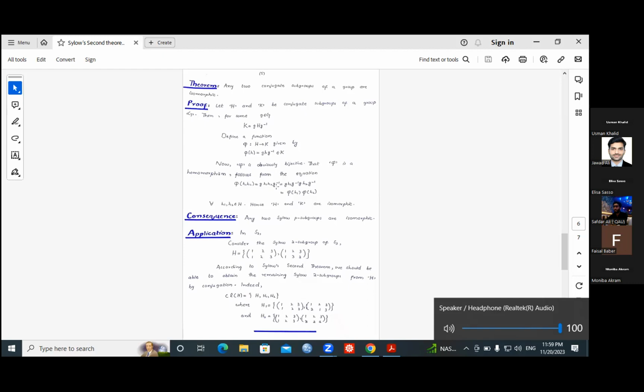Okay, thank you. And another question is that you are using isomorphic. What is the actual meaning of isomorphic between two sets? Isomorphism is actually, if we have two sets that are isomorphic, then by knowing one set and its important properties, we can find all the important properties of the other set.